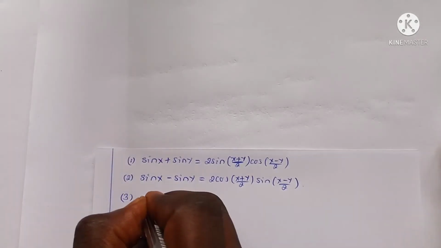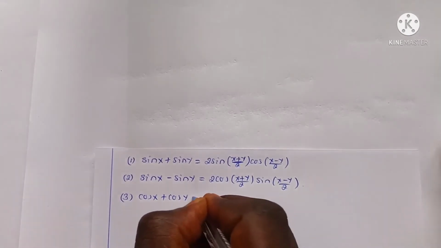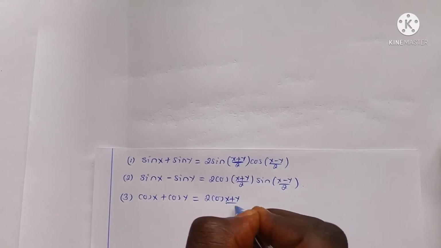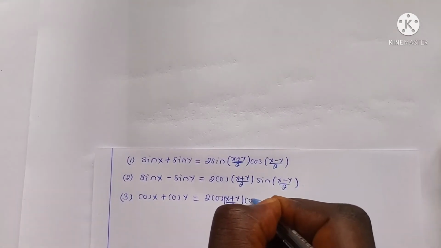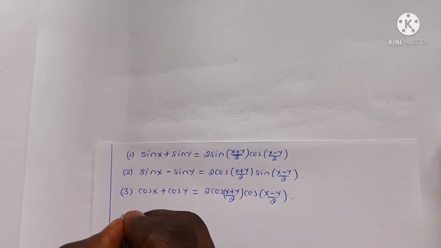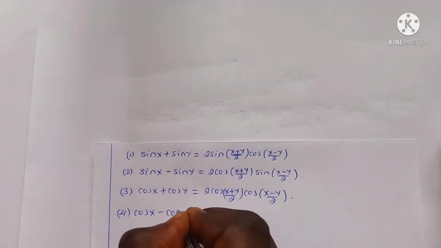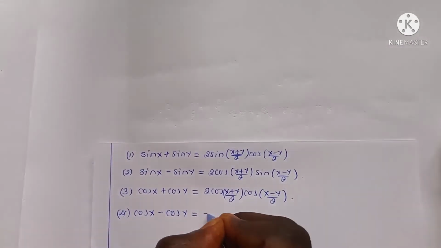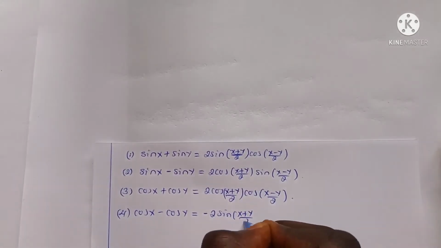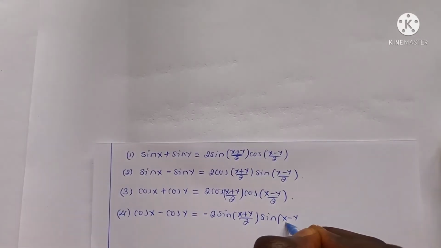The third states that the cosine of x plus the cosine of y is equal to 2 times the cosine of x plus y on 2 times the cosine of x minus y on 2. And the fourth one states that the cosine of x minus the cosine of y is equal to negative 2 times the sine of x plus y on 2 times the sine of x minus y on 2.